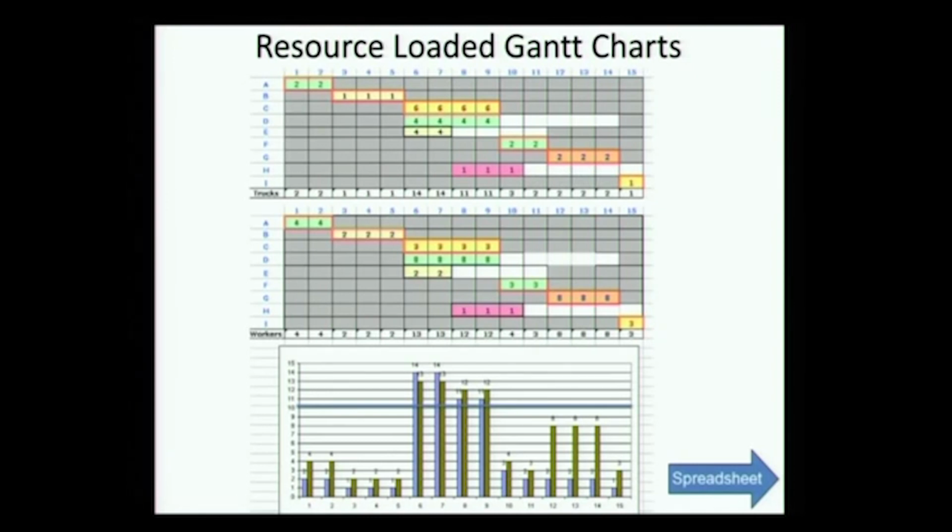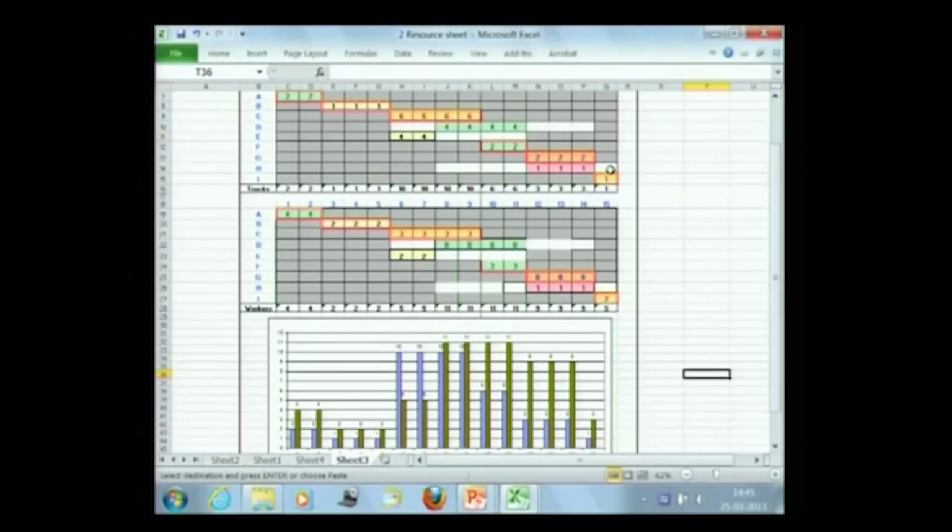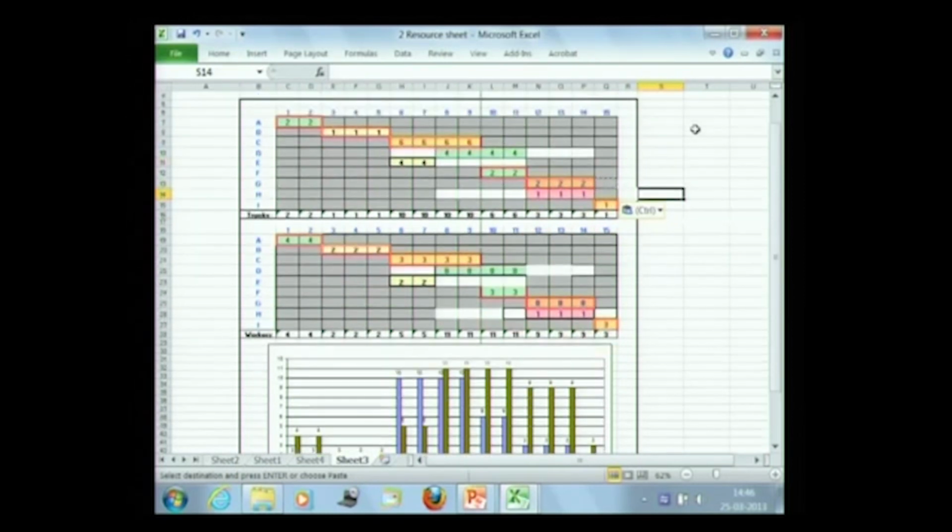Let's go to the spreadsheet. Here is the spreadsheet for this. You can see these are the critical activities we have here which we cannot move, and what we have right now is that D has shifted.